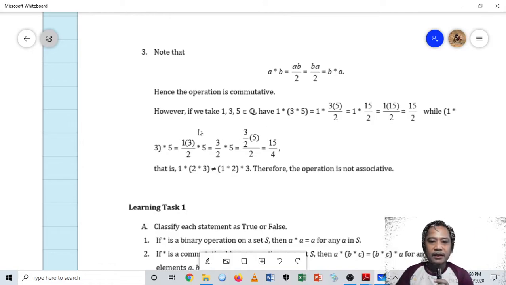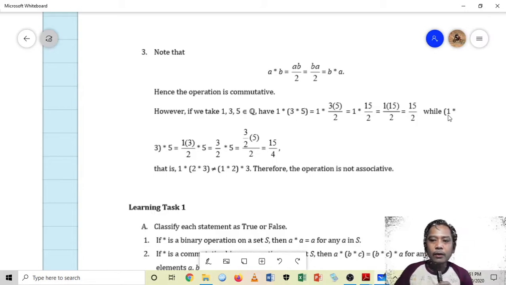So we see here, if we take the elements 1, 3, and 5, note that 1 operation the quantity 3 operation 5 will be 1 operation 3 times 5 over 2, which is equal to 1 operation 15 over 2, which by definition of asterisk in number 3 will be the product 1 times 15 over 2, or simply 15 over 2.